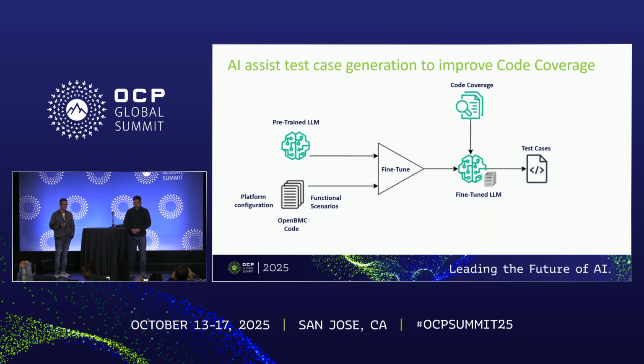We are looking into using parameters like platform configurations, OpenBMC code, and also some functional scenarios. So we are fine-tuning the models and building a fine-tuned model which is very specific to BMC and OpenBMC, to platform configuration and OpenBMC code.